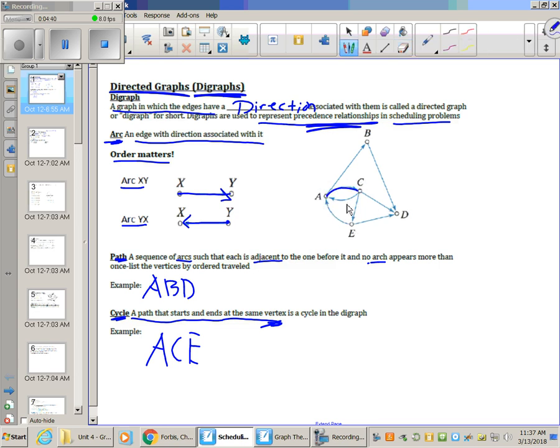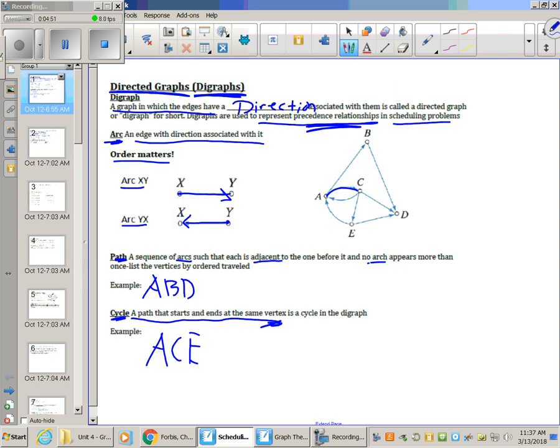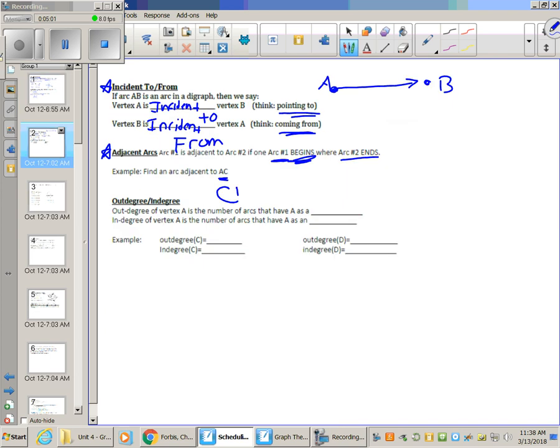Now, that only happens wherever AC ends. So the next arc has to begin where AC ends. Okay, so it would have to be either this arc, or this arc. There are three arcs adjacent to AC: CD, CE, and CA. You don't have to list all of them, but I just asked you to list one. But just know what adjacent arcs mean.